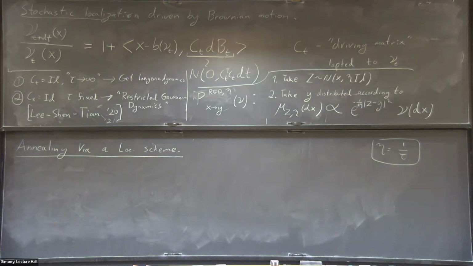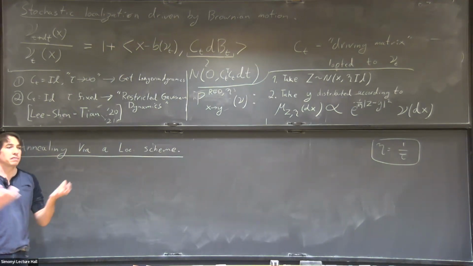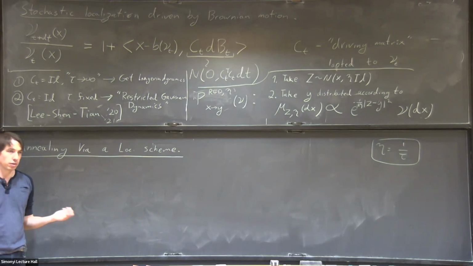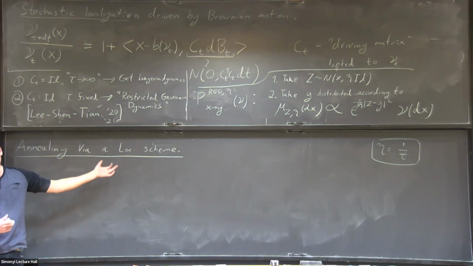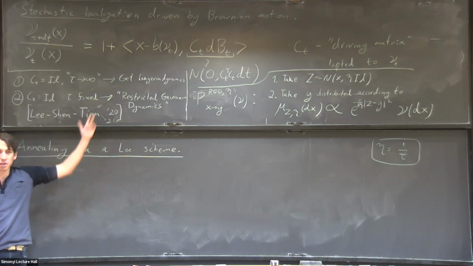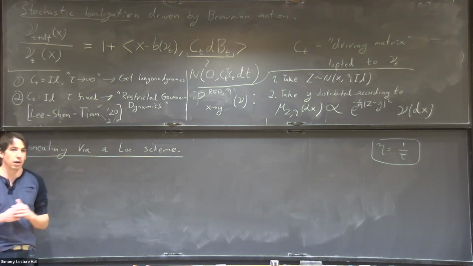This is the following addition to the technique. Suppose we have 2 localization schemes on a space omega, L1 and L2, say the coordinate by coordinate and the stochastic localization driven by Brownian motion.